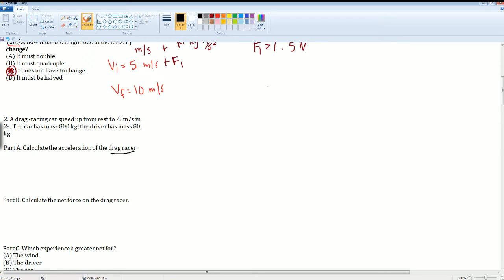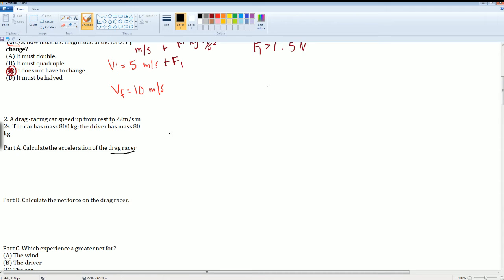Interesting. Okay, let's calculate the acceleration of the drag car.